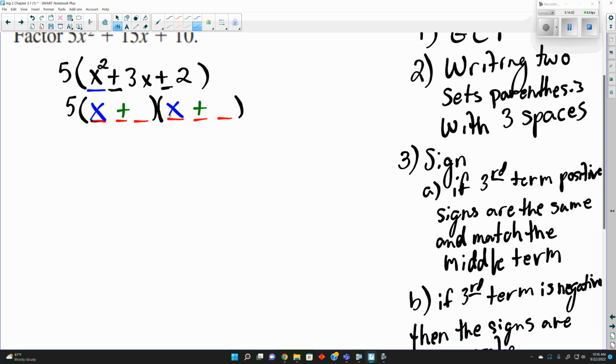But if we had something other than, say, factors of 2, if we had factors of 4, well, we have 1 and 4 or 2 and 2. So we could try one set of the factors, and if they don't work, we're going to switch them up and try a different set of factors and keep trying till we get the correct one. But 2's only factors are what? 1 and 2. So we can put in 1 and 2.